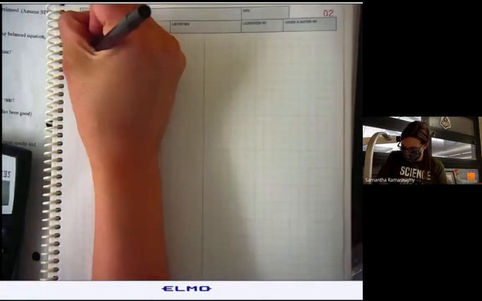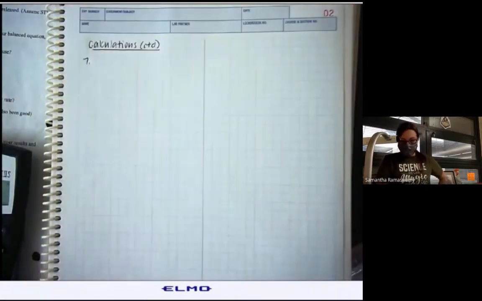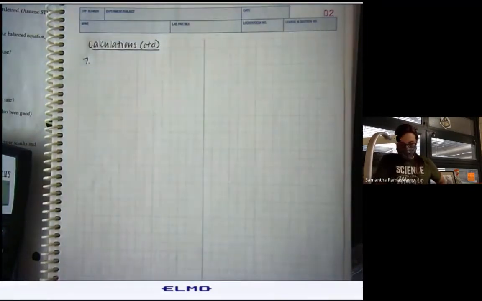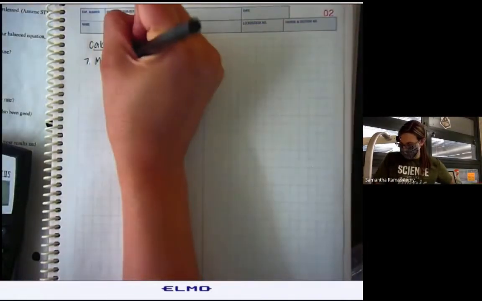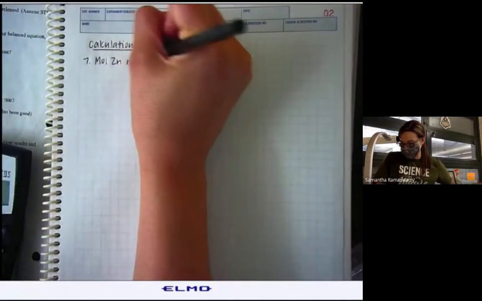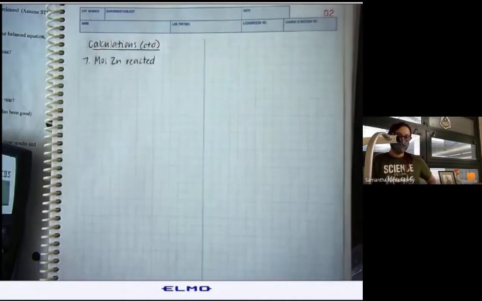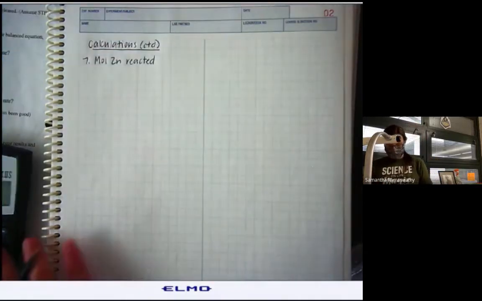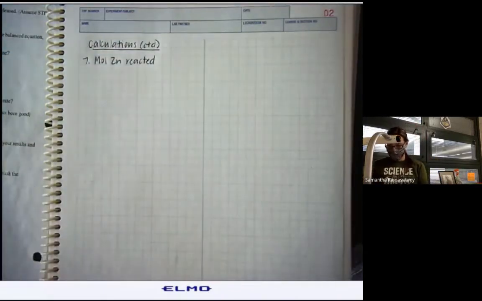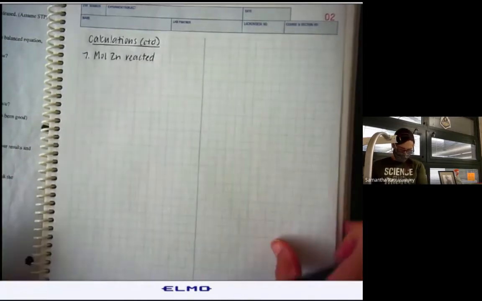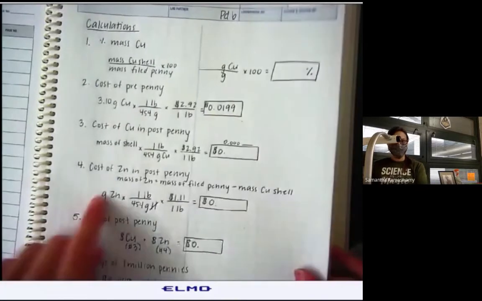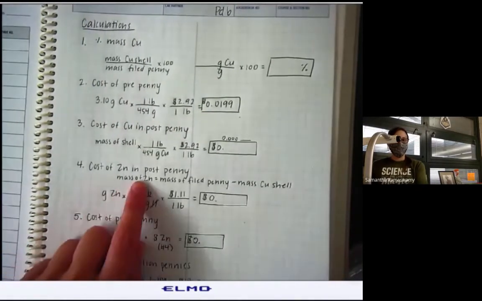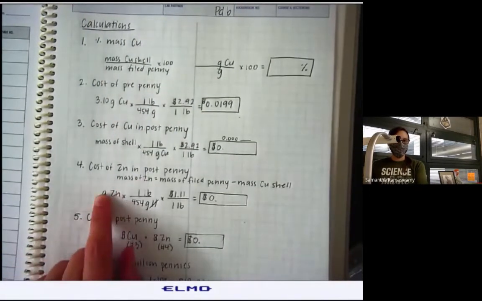So calculation 7 says calculate the moles of zinc that reacted. All right, so moles Zn reacted. Now, if we look back at calculation number 4, you actually found the mass of zinc that reacted.